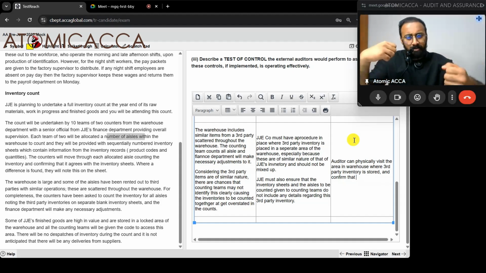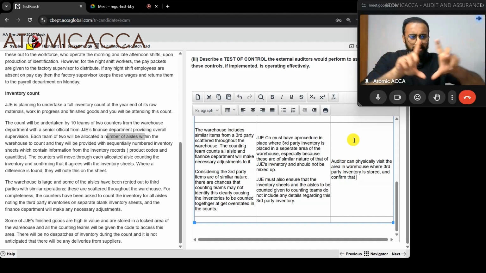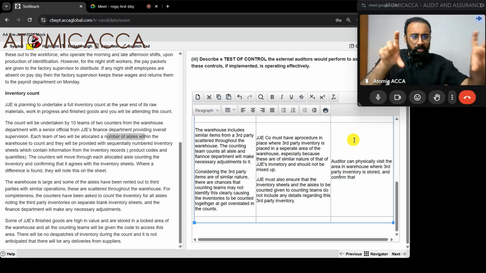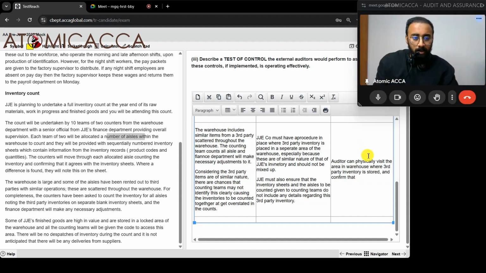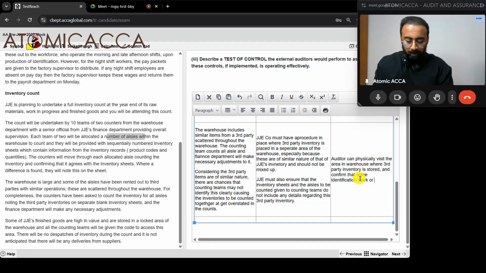There should be some flag, or some sticker or identification mark stating that this is a third party inventory and this is not our inventory. So I can physically go and verify that something like this is mentioned over there, and confirm that some identification mark or flag is there indicating it's a third party inventory location.